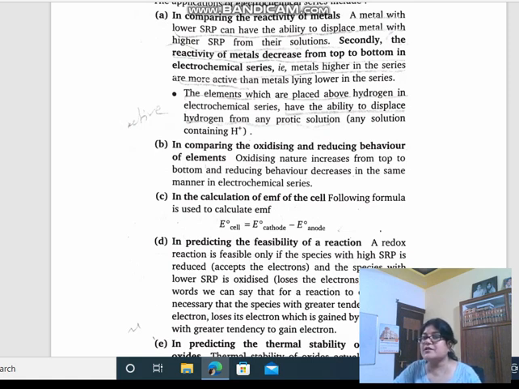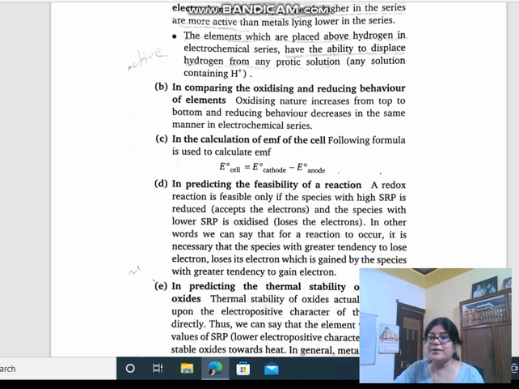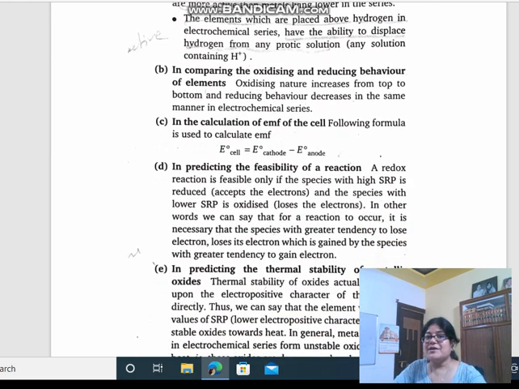So you just take the R. When we move in the electrochemical series, reactivity decreases and reducing power decreases. So now it's easy. Please note my words here: reducing property decreases when we move in the electrochemical series, and reactivity decreases when we move in the electrochemical series.